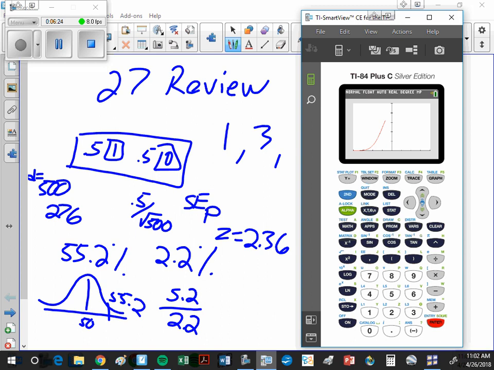And we get a p-value of 0.009. So this is highly significant. Okay. So that's good to know. 2.36 is kind of the breaking point of highly significant.